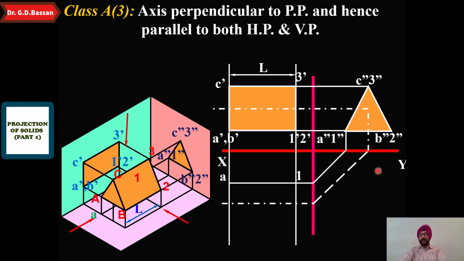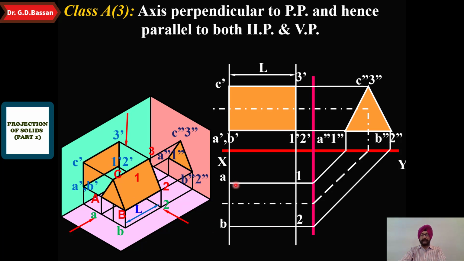Now we go projecting the B dash and 2 double dash. So B is projected here, so we are getting B here. 2 will be projected here. We are getting the 2 point at this point. Now we are projecting C and 3. As you see from the top, the height is merged with your projection side, so you are not seeing the height in the top view.